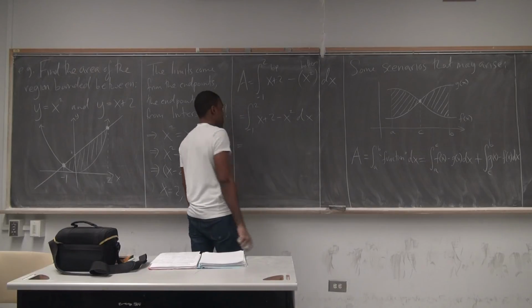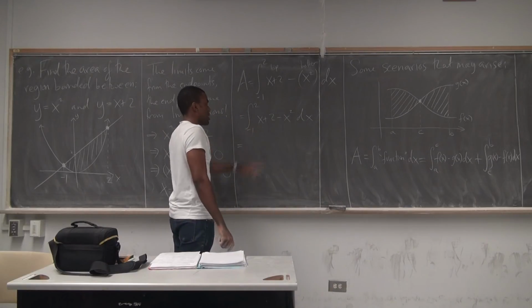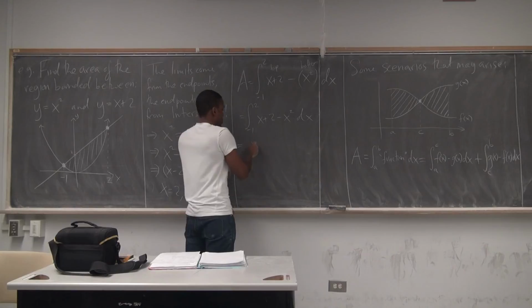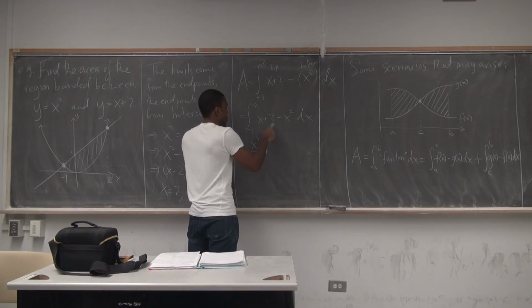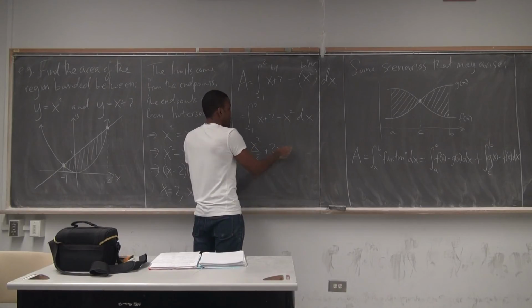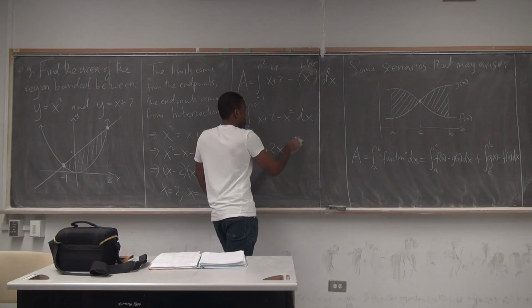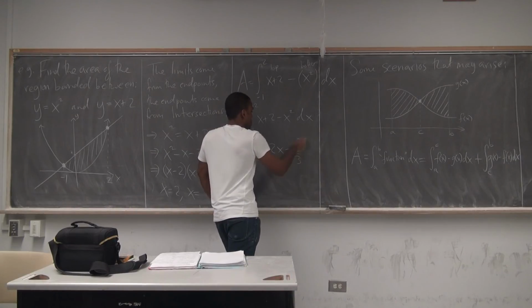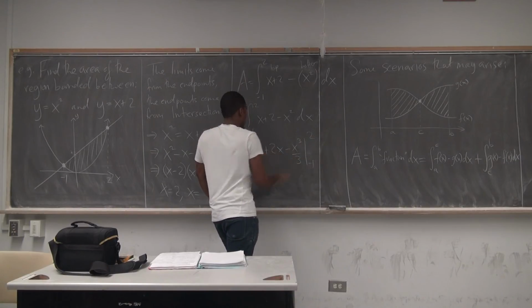What would I get there? Antiderivative of x: x squared over 2. Antiderivative of 2: 2x. Antiderivative of this: x cubed over 3. I'm going to plug in minus 1 and 2.